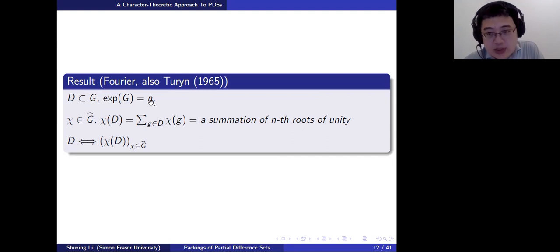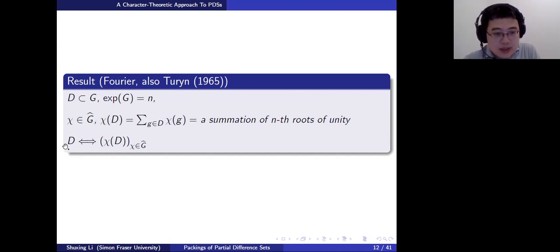we notice the group G has exponent n. Now take any character and apply it to the subset D. This chi of D is nothing but applying chi to every single element in the subset D and then taking the summation. So chi of D is just a summation of nth roots of unity.